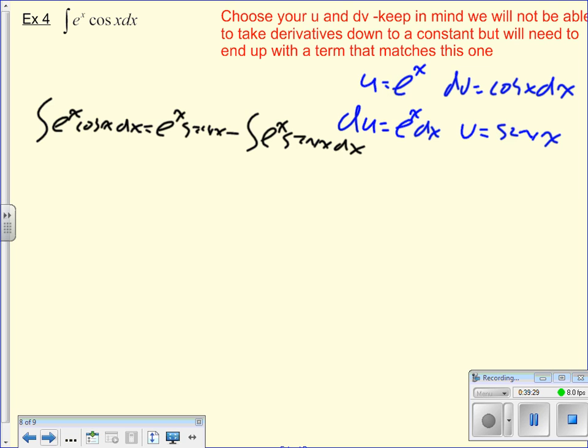Does that look any better? What's the difference between what I started with and what I have now? It's more complicated. It's a little longer. But let's soldier on and do it again. Let's go. If you quit now, you're quitting while you're behind. And we're not quitters in here.